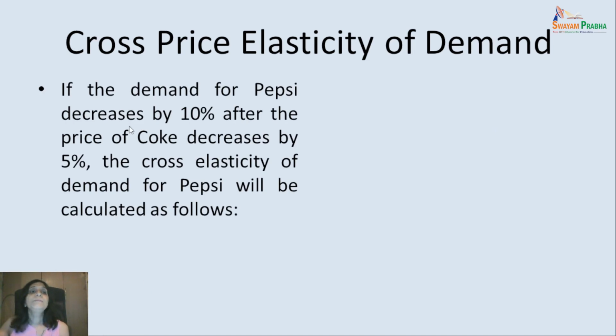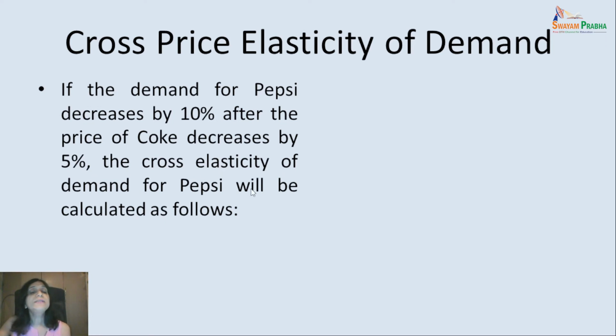For example, if the demand for Pepsi decreases by 10% after the price of Coke has decreased by 5%. Two goods in question, Pepsi and Coke. Demand for Pepsi has decreased by 10% because we saw that the price of Coke decreased by 5%.